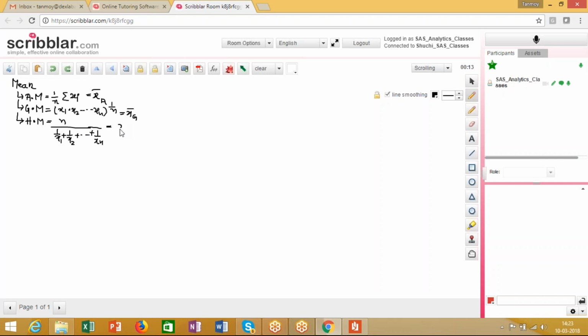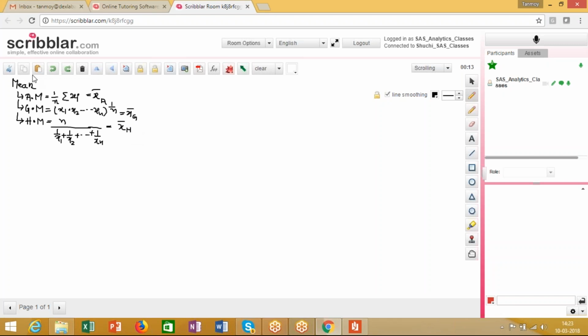Now what becomes important is that, irrespective of the data sets, we just use arithmetic mean very indiscriminately. But usage of arithmetic mean has its own limitations.